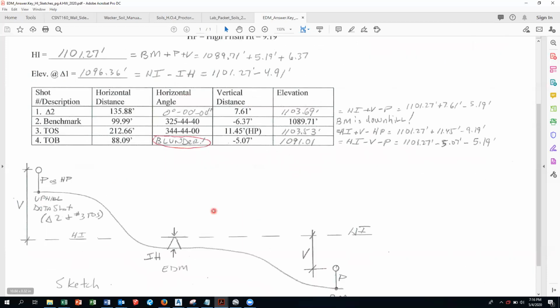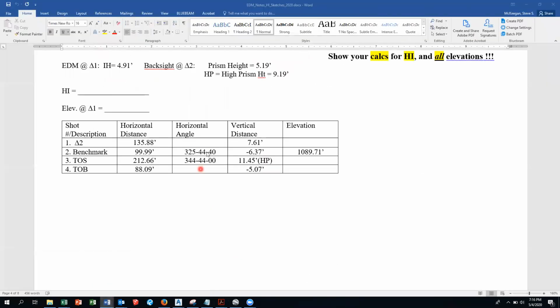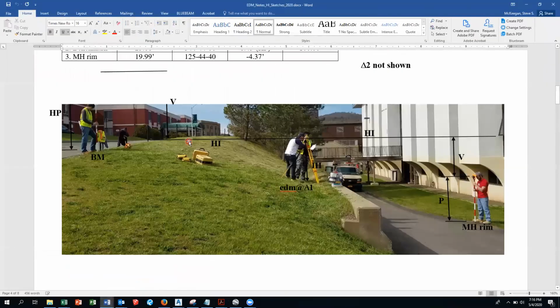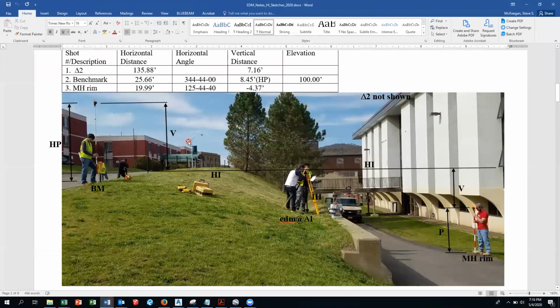So this is what your sketch should look like on problems like that. Any questions on this? Is the sketch making sense? I hope. Always take the sketch and analyze it versus these photographs.